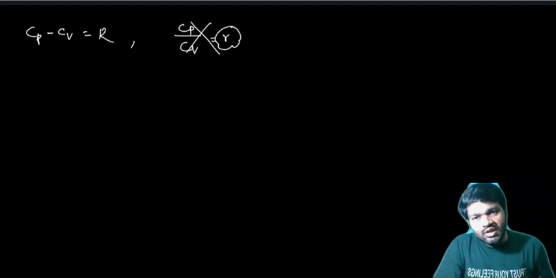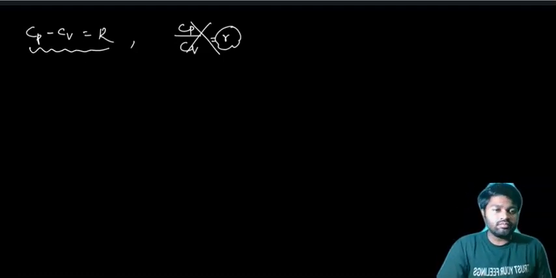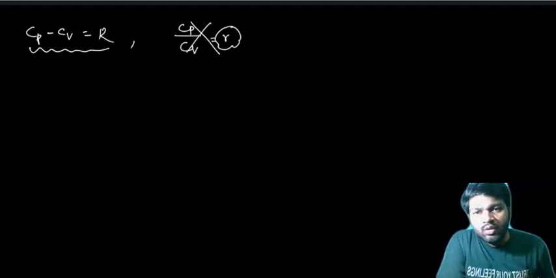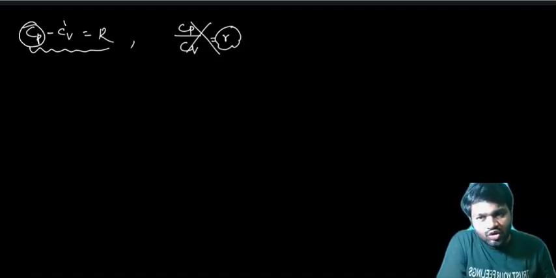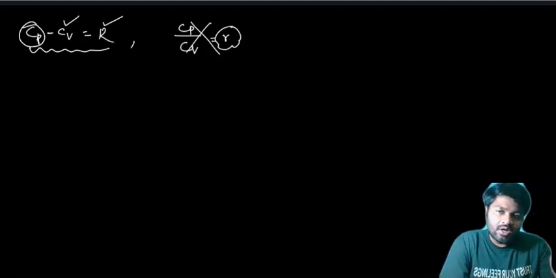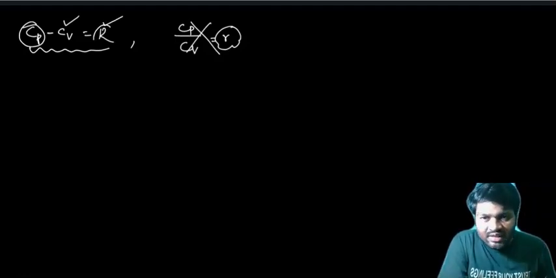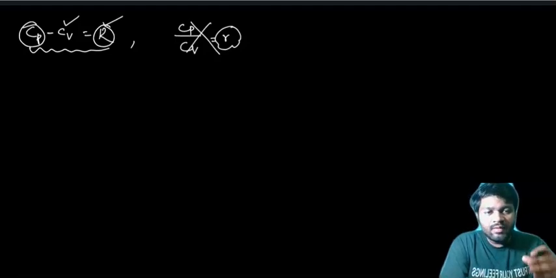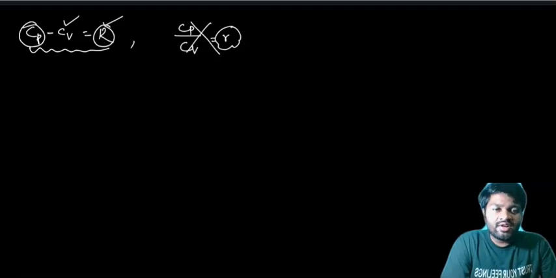Now let us look at this relation. If we want to find out the value of Cp, then we should know the value of Cv and we should know the value of R, where R is the characteristic gas constant, which is different for different gases. Here there is some different gas for which the R value is unknown.